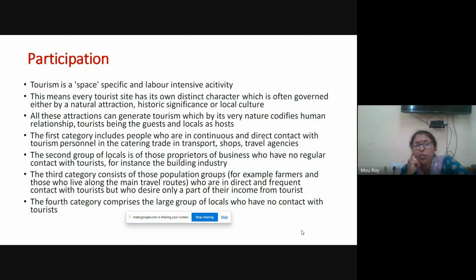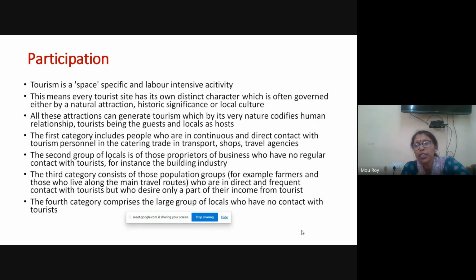Now participation is very important because the tourism industry is labor intensive, and a lot of activities are involved. This means that every tourist site has its own distinct character, which is often governed by a natural attraction, historic significance, or the local culture. The local culture has a lot of participation there.